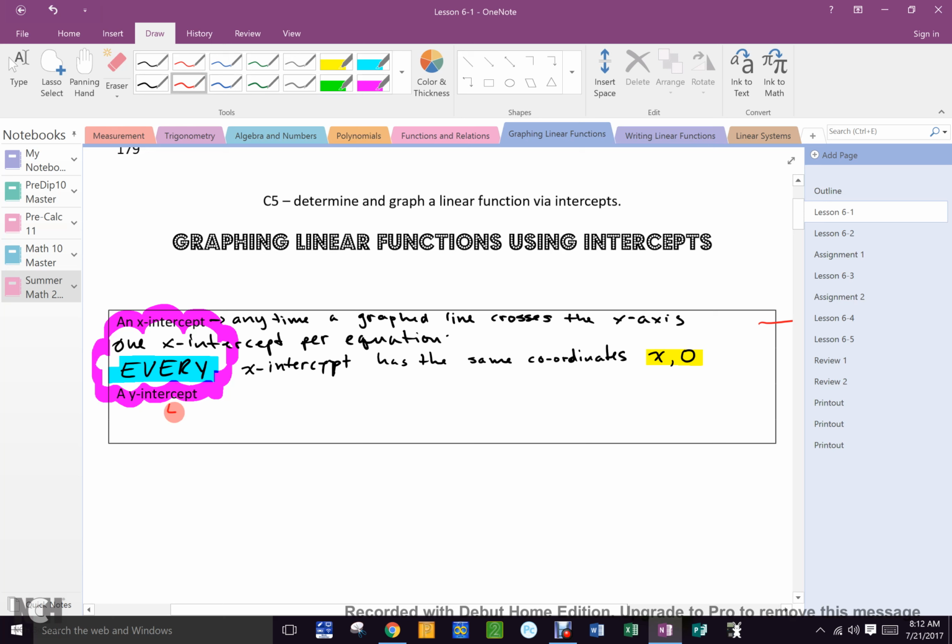A y-intercept is the same thing, but crossing the y-axis. Now, once again, every, highlight, Mrs. Bad Crumble, every y-intercept is what?